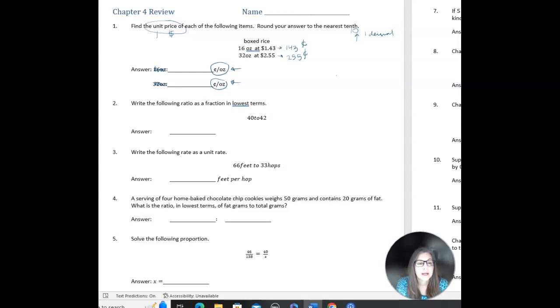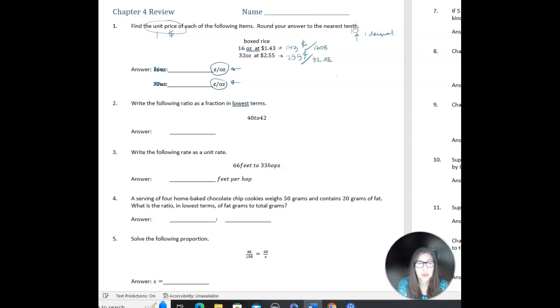Then they want to compare that per ounce. So this would be 143 per 16 ounces here, and this would be 255 per 32 ounces here.